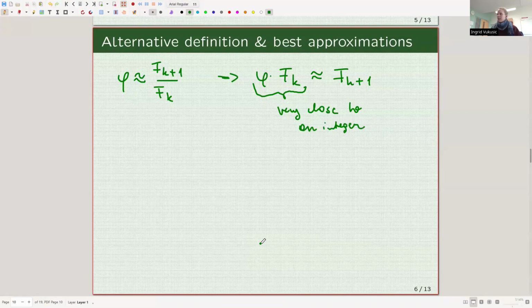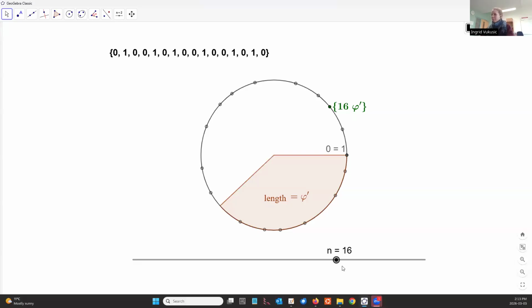Now let's see if we can see what I'm claiming on our little animation. 3, for example, is a Fibonacci number, and the point 3 times phi prime is indeed pretty close to the integer point. The next Fibonacci number is 5, and indeed 5 is even closer to the integer point. Then 8 is even closer, and we alternate from which side we're approximating.